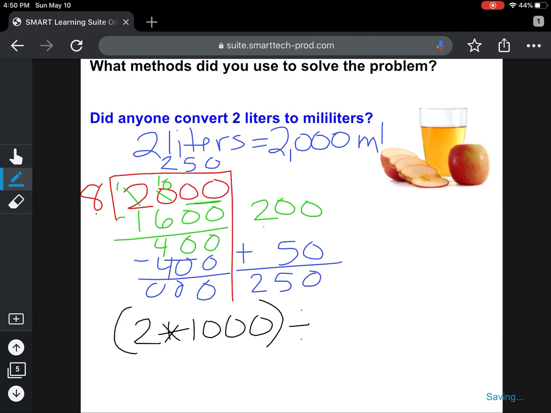Then we took that answer and we divided it by 8 because there were 8 glasses. So first step, 2 liters times 1,000 to convert to milliliters. And when we solved that, it was actually 2,000. Then we took that answer and divided it by 8 because there were 8 glasses.